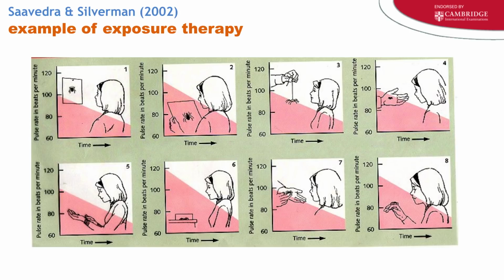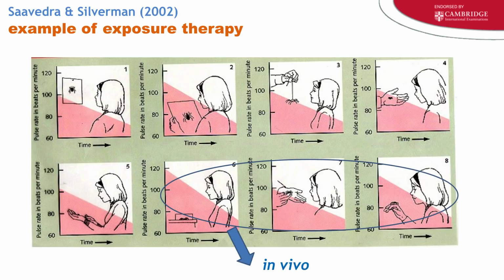So in this example, a woman sees a picture of a spider, holds the picture, sees a toy spider, and eventually it elevates to what's called in vivo exposure. In vivo is Latin for in life. So in other words, a real spider. The main exposure therapy used initially in this study is in vivo exposure therapy.